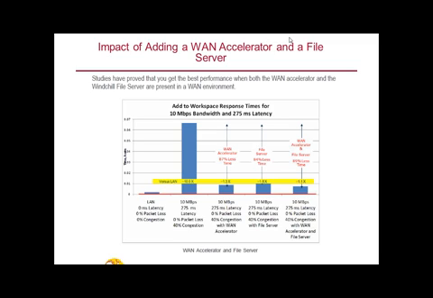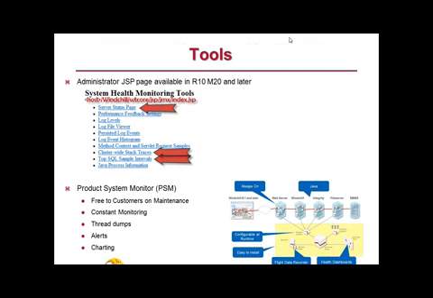So you can get rid of the effects of WAN latencies and bandwidth issues by 89% if you have a WAN accelerator and file server. Suppose you don't want to invest in high-cost WAN accelerators, you can still go with a file server, which will reduce the effect of your latency by 84%.